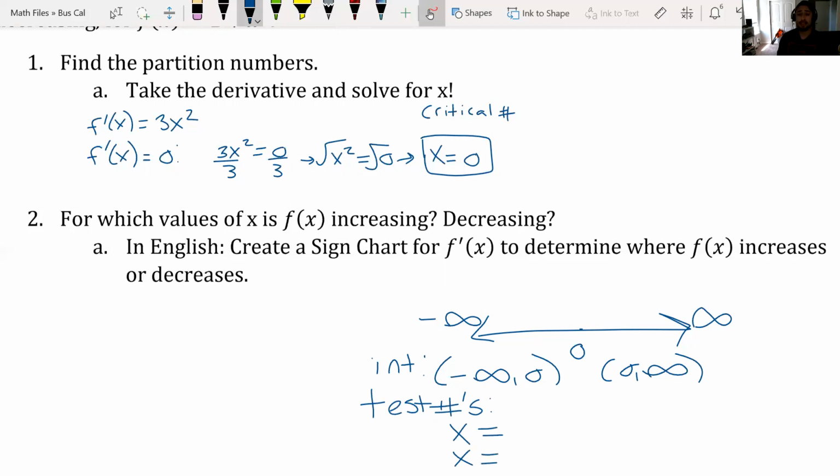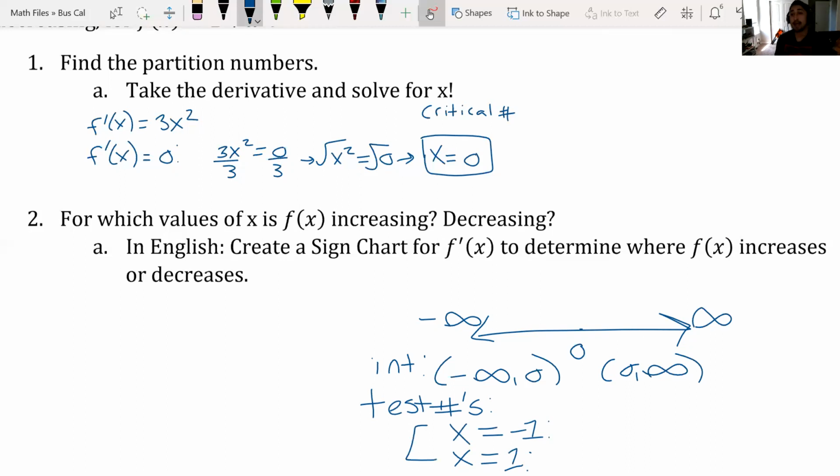From negative infinity to 0, you can pick negative 1,000, negative 1,000,000, or how about just negative 1. From 0 to infinity, same thing. 100, 1,000,000, 5,000,000. It doesn't matter what number you pick because all I'm worried about is the sign that comes out. So from 0 to infinity, I'm just going to pick 1.